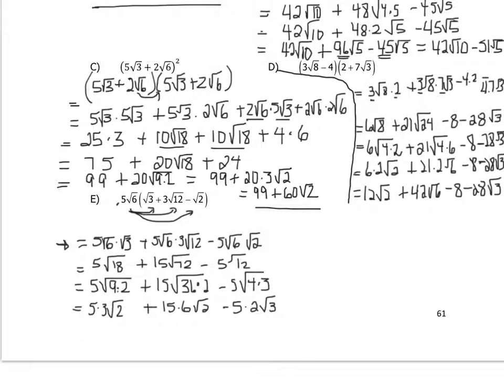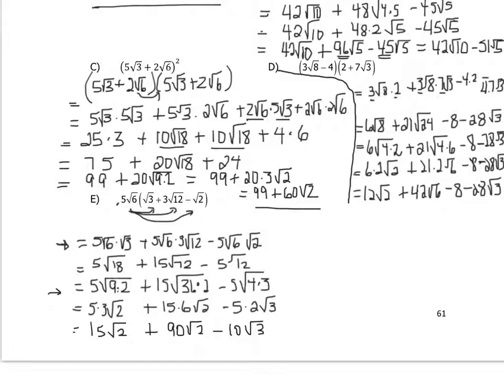which is going to be, and again, you can skip that last step I just wrote if you want to and go right to this step, if you can do that in your head. So 15√2 plus 15 times 6 is 90√2 minus 10√3.